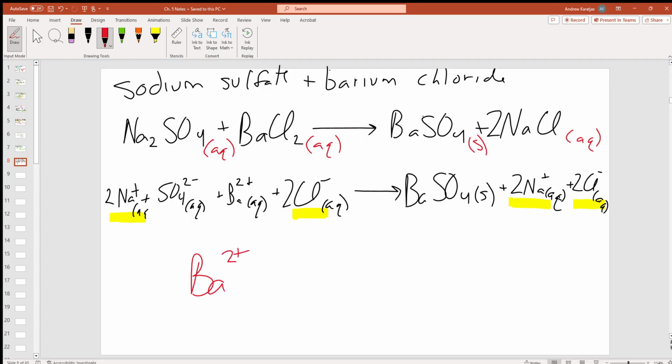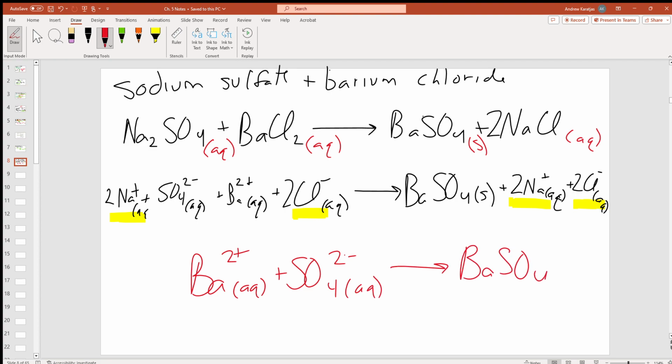Barium 2 plus, sulfate 2 minus, forms barium sulfate as a precipitate. So that's our net ionic equation. What's our driving force? Our driving force is the production of a solid, barium sulfate.